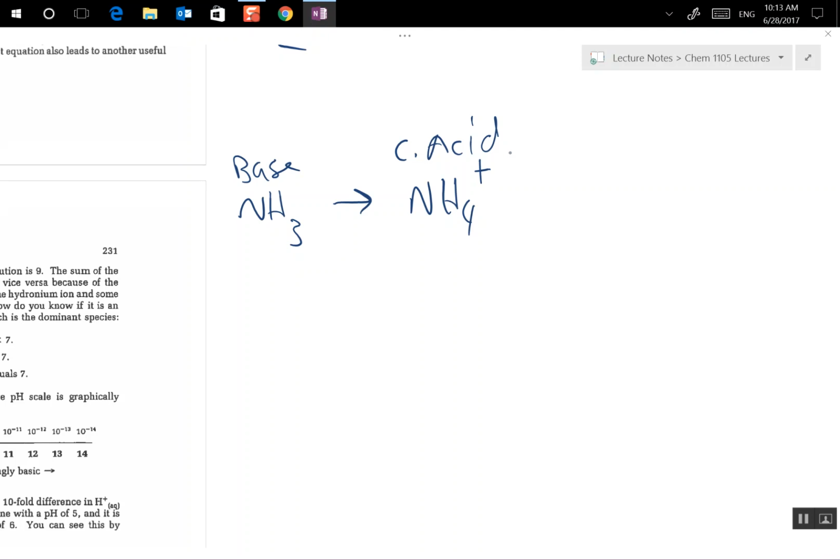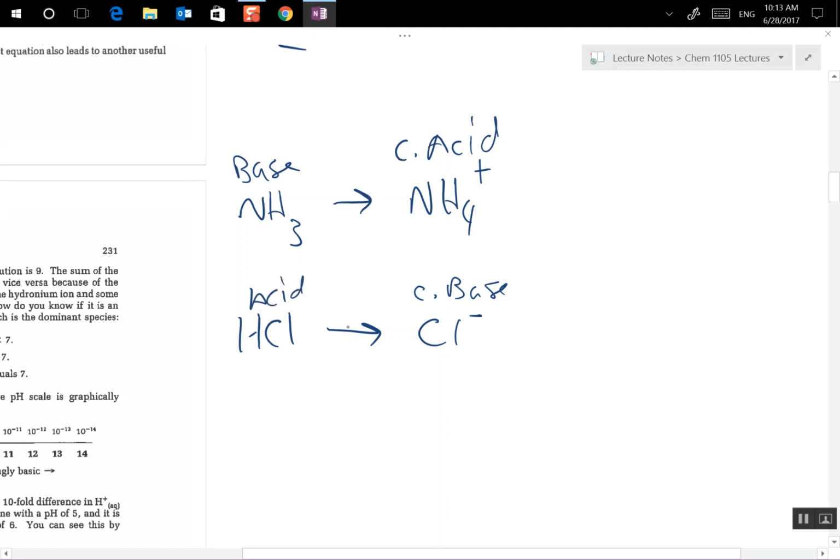Okay? Now, if it's a strong acid, like HCl, it dissociates into Cl minus. Cl minus is not necessarily a conjugate base, even though this is an acid, because there's no equilibrium established. To be a conjugate, you really need to have an equilibrium established.